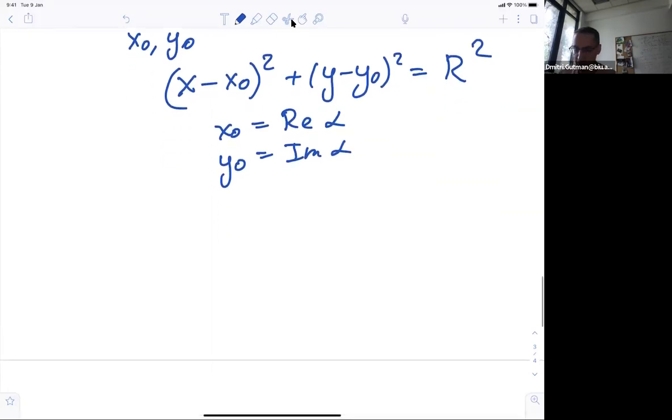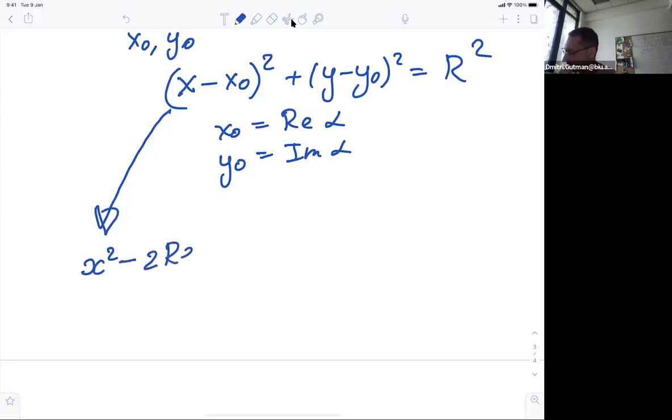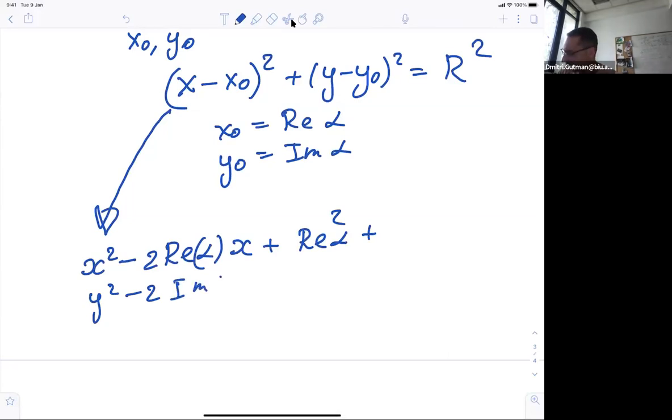Now let us write the same equation in terms of the complex numbers z and z bar. So let me open the parentheses, we get x squared minus 2 real alpha times x plus real part of alpha squared plus y squared minus 2 imaginary part of alpha y plus imaginary part of alpha squared is equal to r squared.